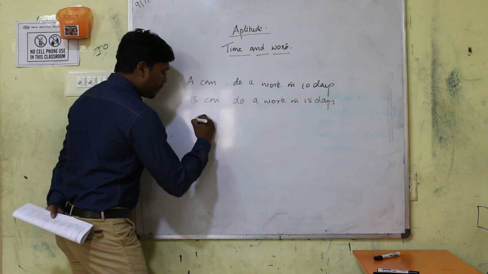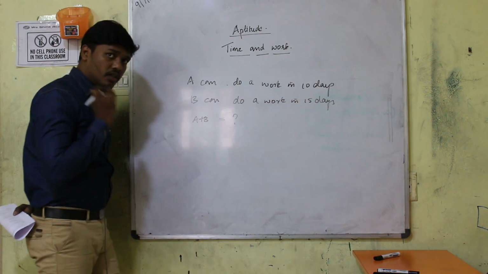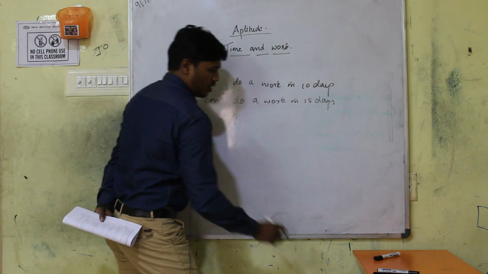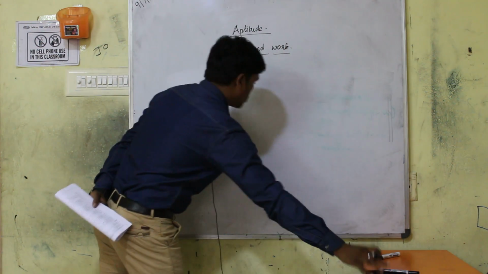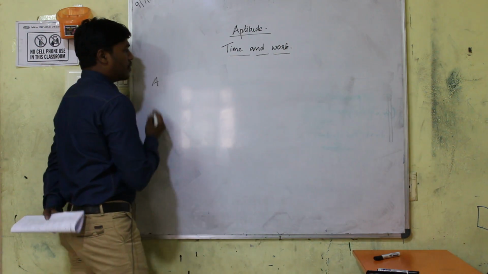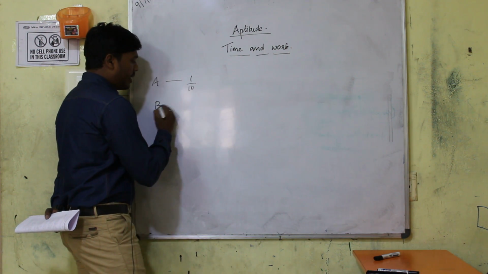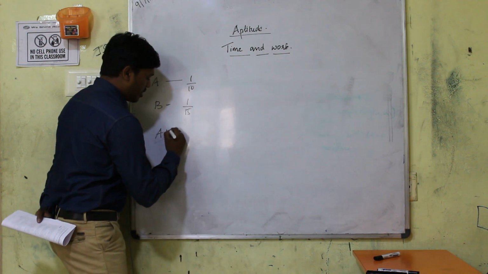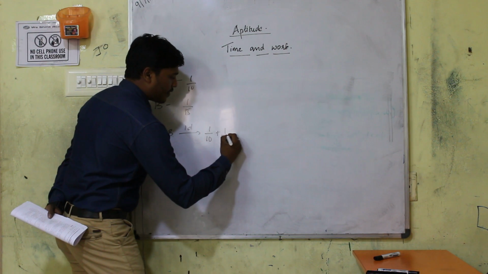If both A and B work together, the work would be completed in how many days? So A's 1 day work would be 1 by 10 and B's 1 day work would be 1 by 15. If both work together, their 1 day work would be 1 by 10 plus 1 by 15.